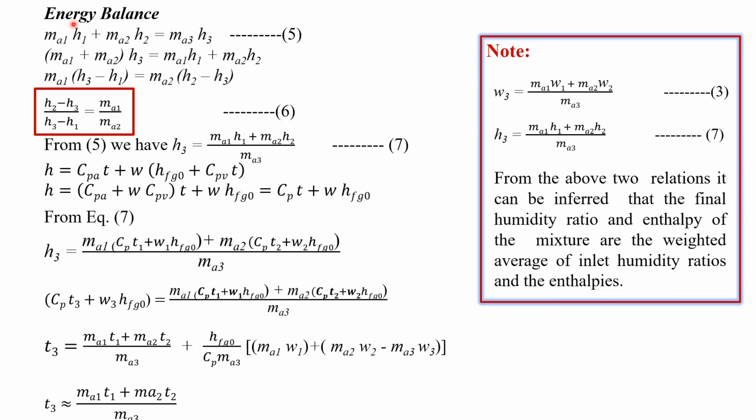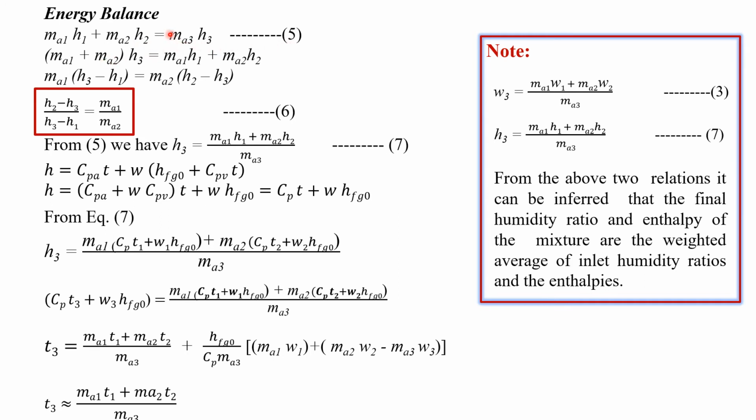Now we can make the energy balance for the two air streams and the final mixture coming out of that particular duct. So Ma1 into H1 plus Ma2 into H2 is going to be equal to Ma3 into H3. Let it be my equation number 5.